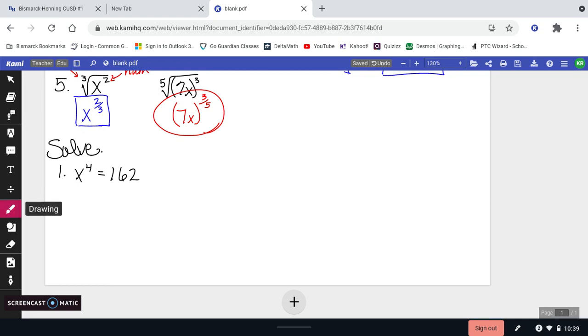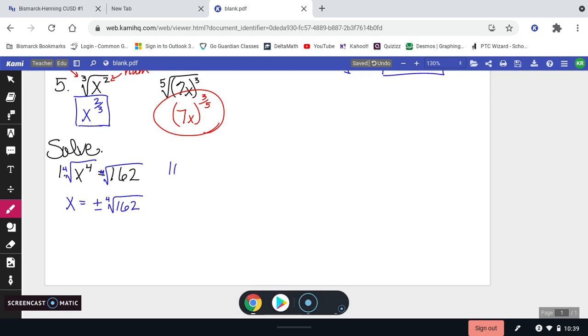So you're going to do the 4th root of both sides. This is going to be x equals plus or minus the 4th root of 162. If it's an even root, like a square root or 4th root, you're going to have plus or minus. If it's odd, you will just have one solution.